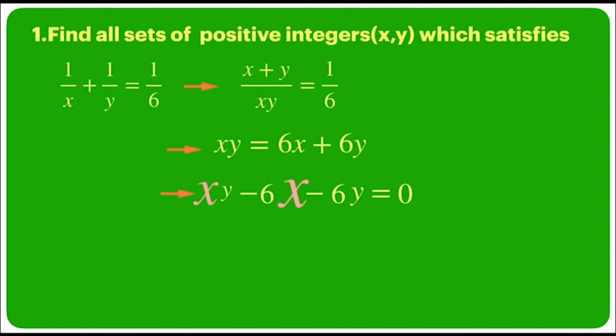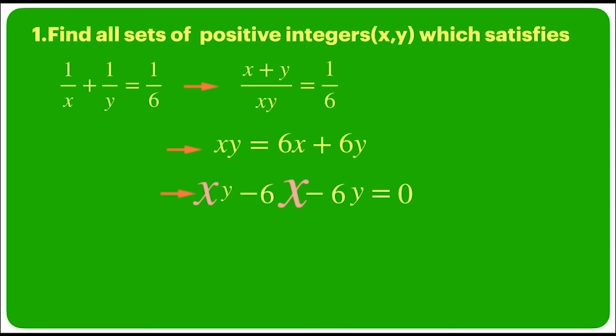So you have to think about how to factorize the total expression, xy minus 6x minus 6y equal to 0, so that from the factorized form we can easily find the values of x and y. So we have to factorize this form.